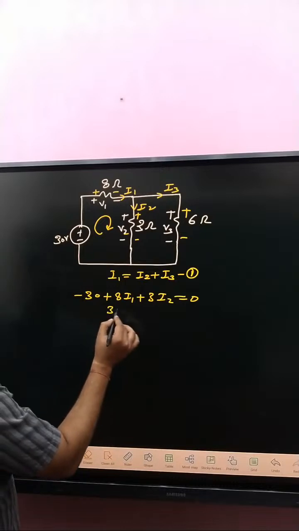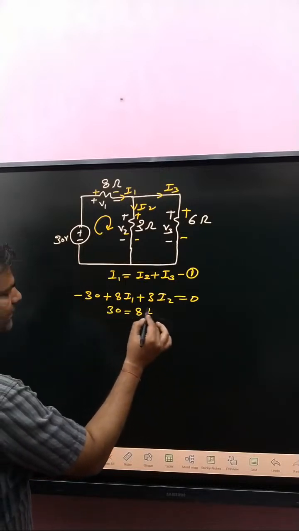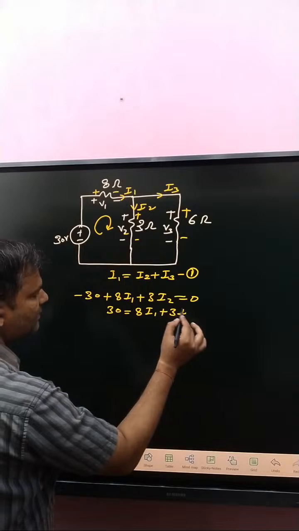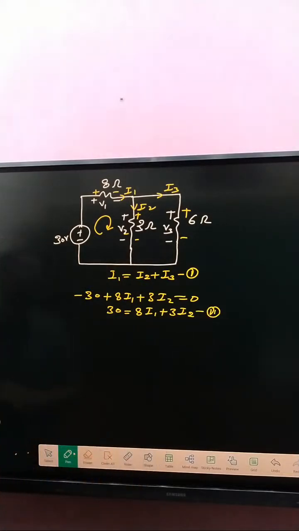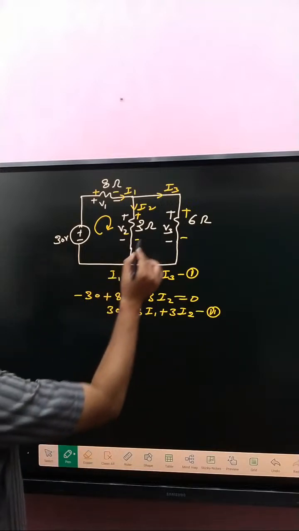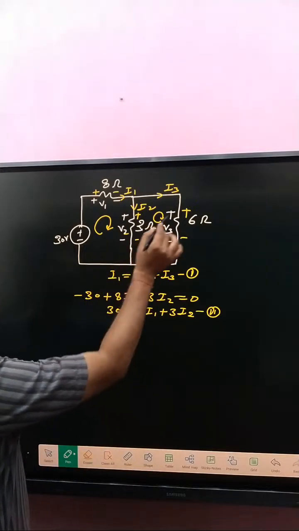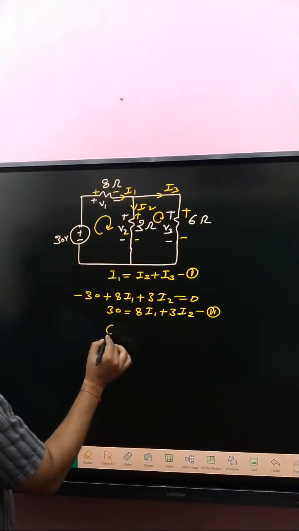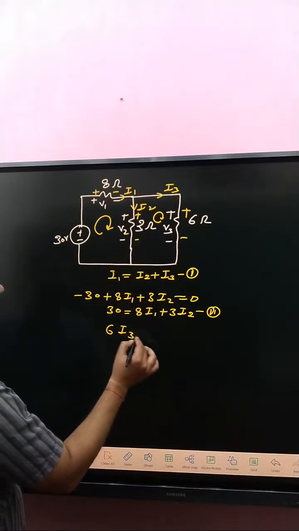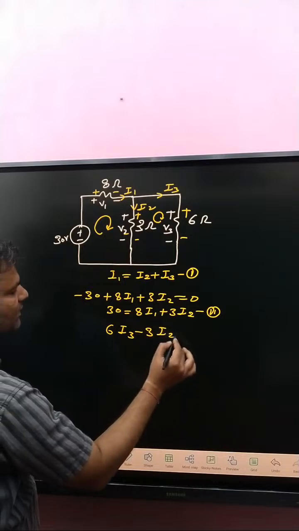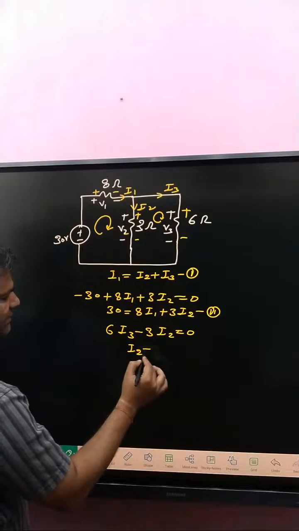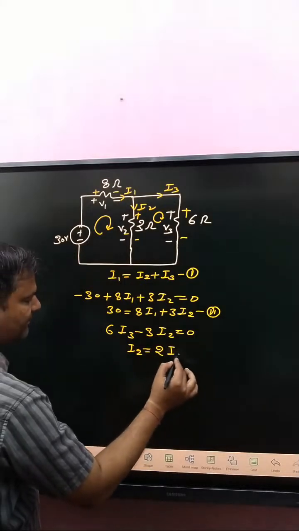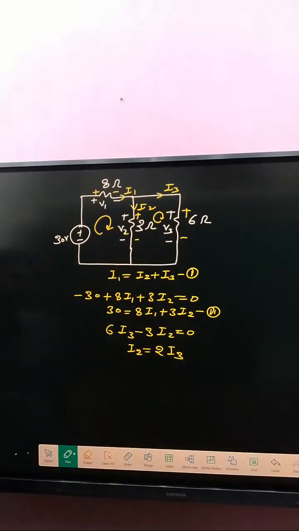So 30 is equal to 8 I1 plus 3 I2, equation number 2. Apply KVL in this loop, plus to minus: 6 I3 minus 3 I2 is equal to 0. So I2 is written as 2 times I3. Okay, 2 times I3.